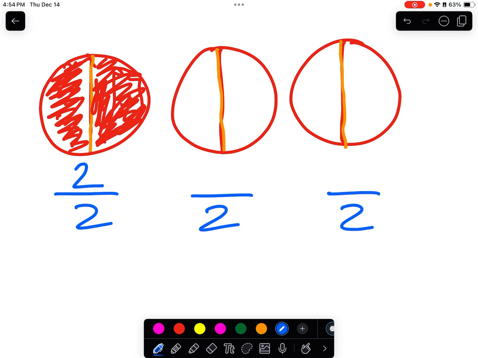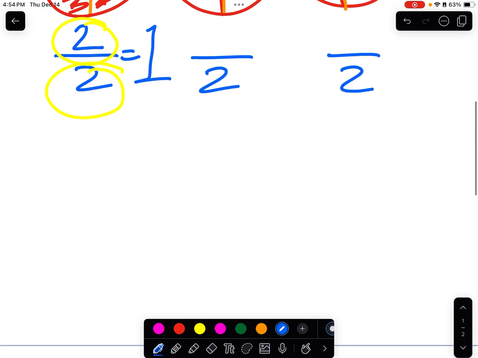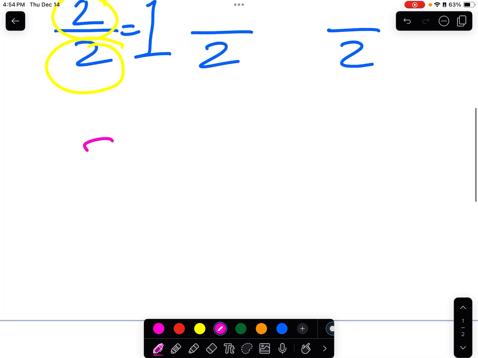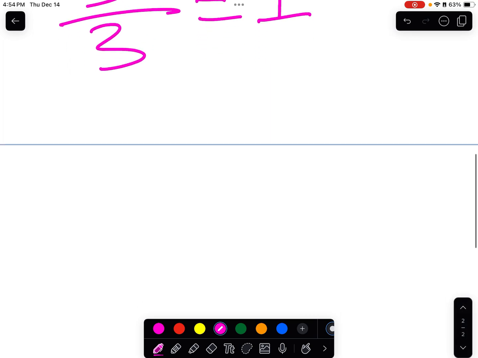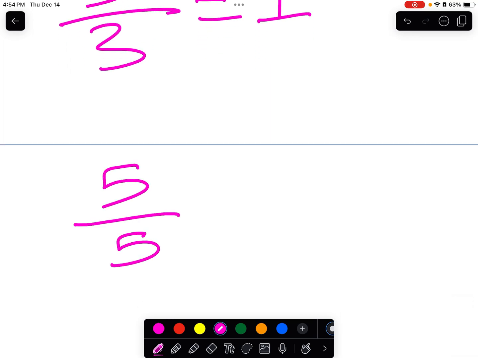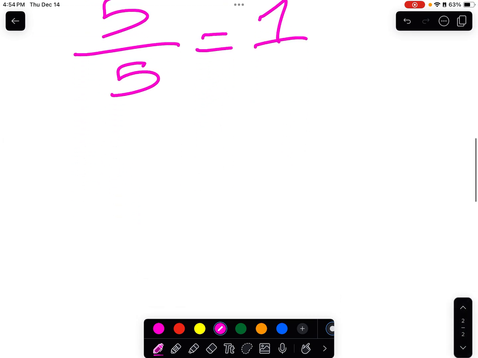And if you haven't learned this already, whenever the numerator is the same as the denominator, that is the same as 1 whole. As another example, 3/3 equals 1 whole. 5/5 also equals 1 whole.